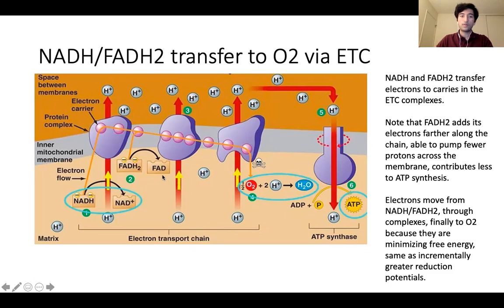Furthermore, you'll note that FADH2 actually makes fewer ATP per electron carrier than NADH. The reason for that is that it just enters the electron transport chain later, and so the electrons it adds are able to pump fewer protons across the membrane, and that's why fewer ATP are produced. In reality, I think in some of your classes you might have seen that one NADH molecule actually makes 2.5 ATP instead of 3.